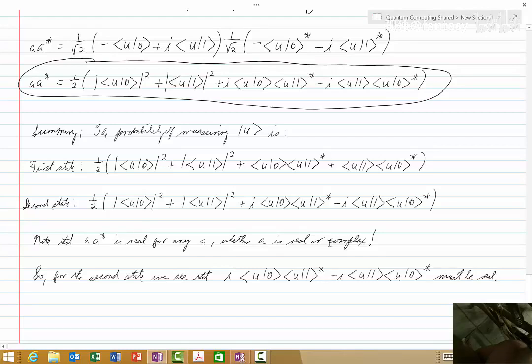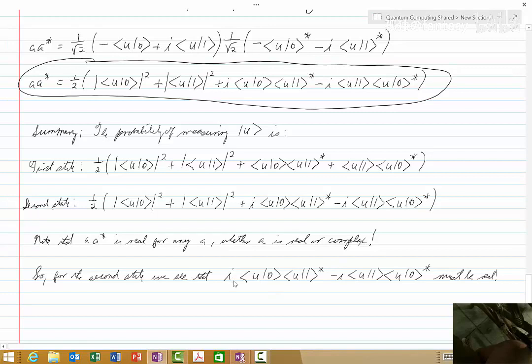Because, remember, this second expression is equal to A times A conjugate for the second state, and any number times its complex conjugate is real, so this whole expression must be real. And if the whole expression is real, and that is real, and this is real, the multiplying factor out front is real, and therefore the remainder of this term in the parentheses must be real.